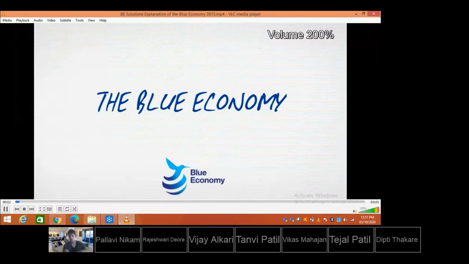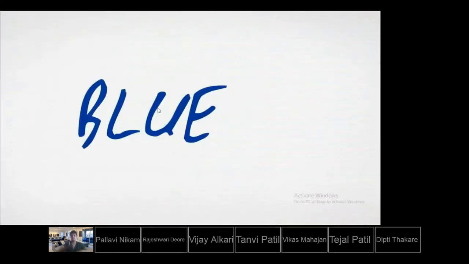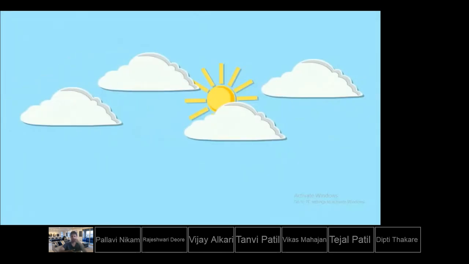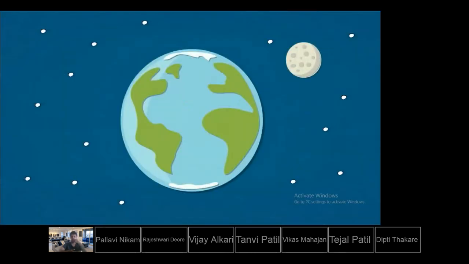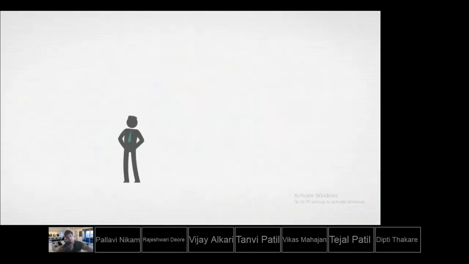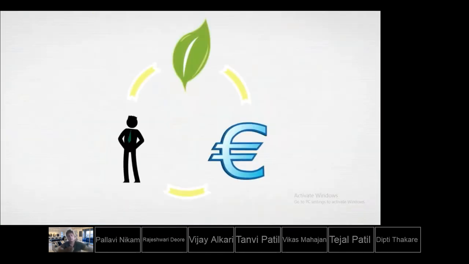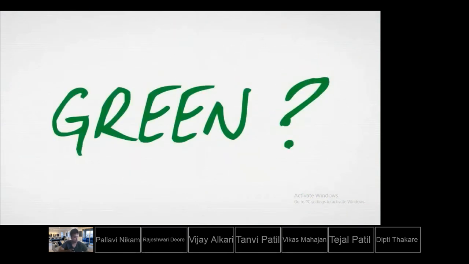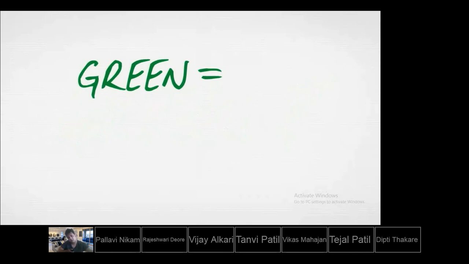Economy explained. People ask us, why blue economy? Well, the sky is blue. Our planet seen from space is blue. And economy feels blue. We want to bring humans, nature, and economy back into balance. Doesn't the green economy already do that? A lot of what is called green today is very expensive.